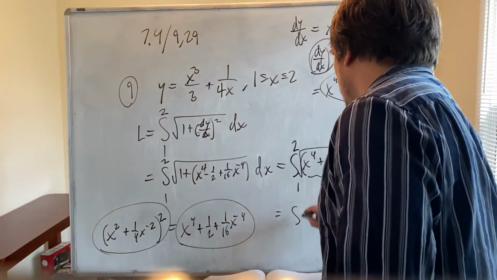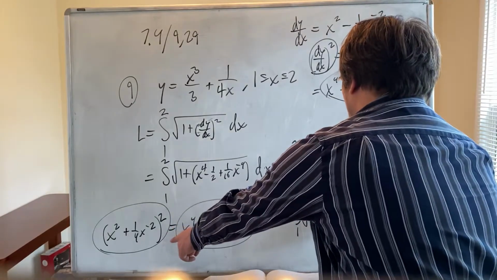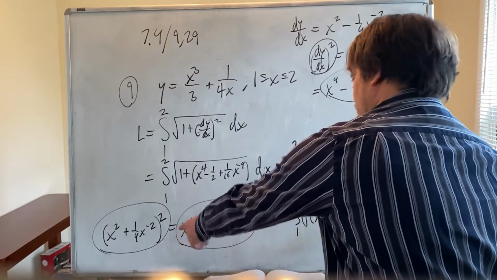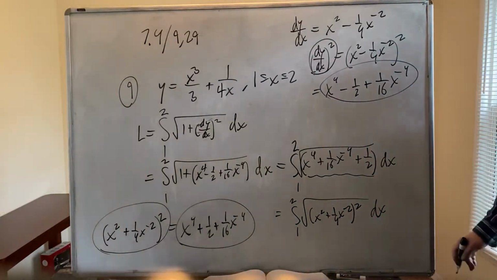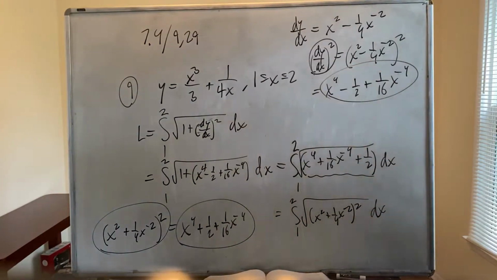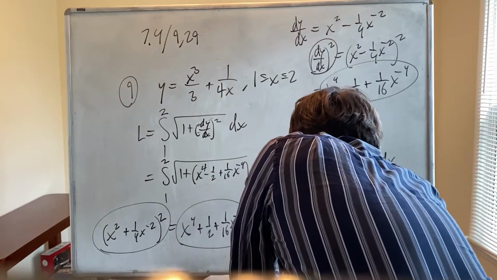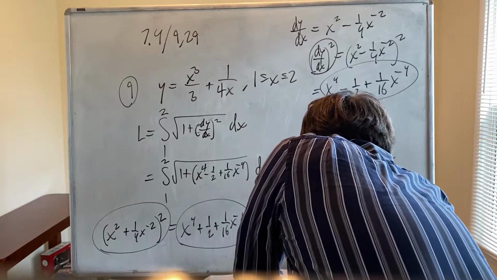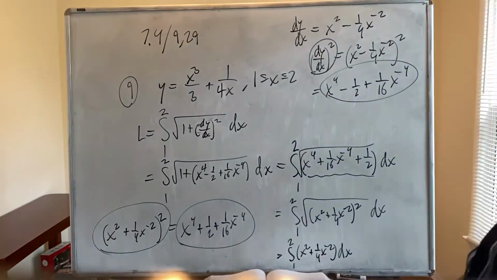So substitute: the integral from 1 to 2 of the square root of (x squared plus 1/4 x to the negative 2) squared. The square root and square cancel. And so now you have the definite integral from 1 to 2 of x squared plus 1/4 x to the negative 2 dx.